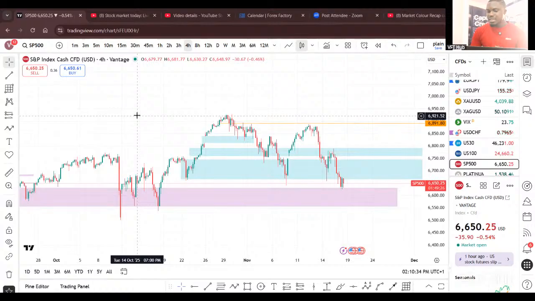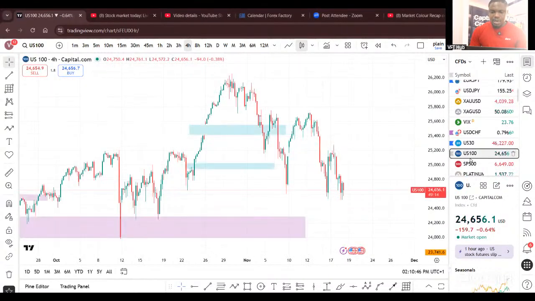So we expect that the market is going to rally massively if it comes out positive, and I believe it should typically come out positive. In the morning, I was saying the market is going to continue selling to the downside because of the break of structure. However, with what I'm seeing now, I think the market is just priced at a discount level so that NVIDIA's earnings report coming out positive tomorrow will send this price to the upside.